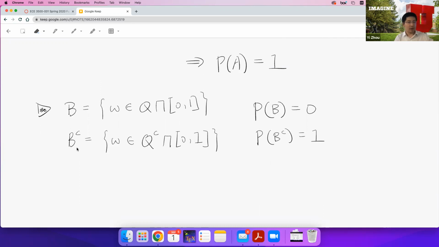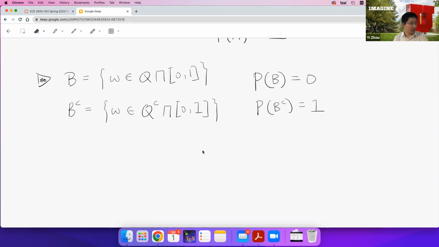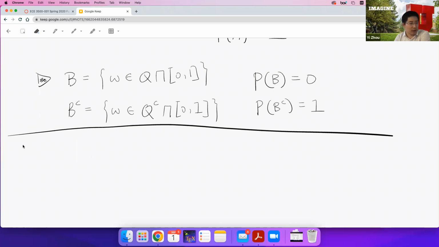Okay, so let's consider two examples on the probability law. We consider the random experiment where we repeatedly flip a fair coin until we observe the first head.